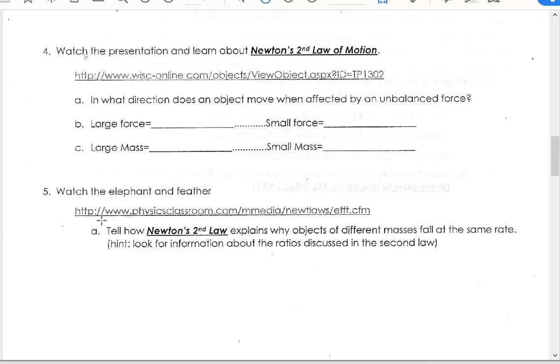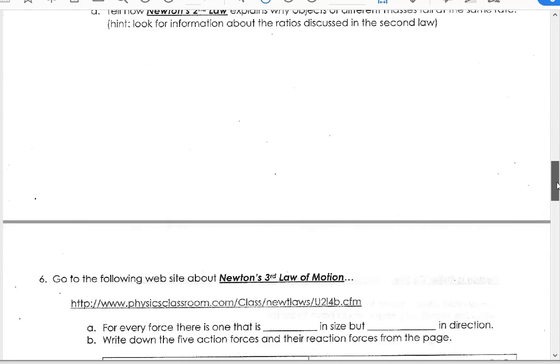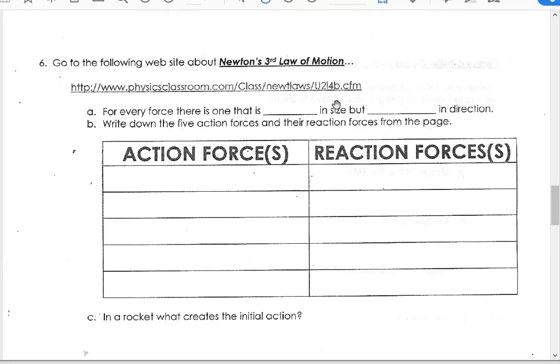Then here is something from Physics Classroom called the elephant and feather. That's a great one as well that you can click on. You can find this one from that original physics tutorial part. Actually, this is under the media one. You'll check that out. On to the next one. This part is actually from the physics tutorial.